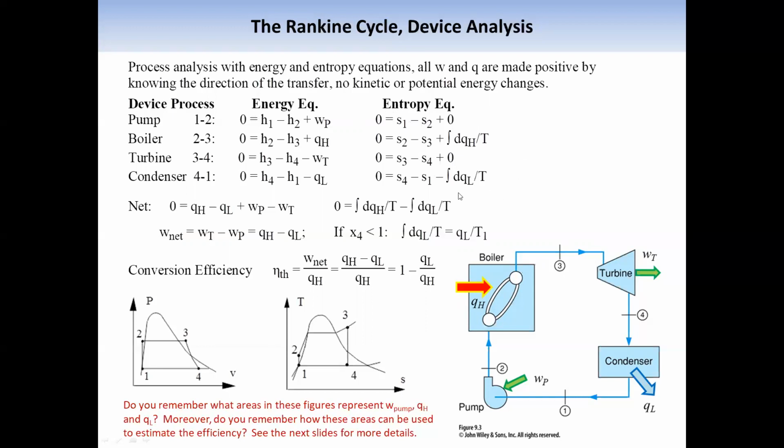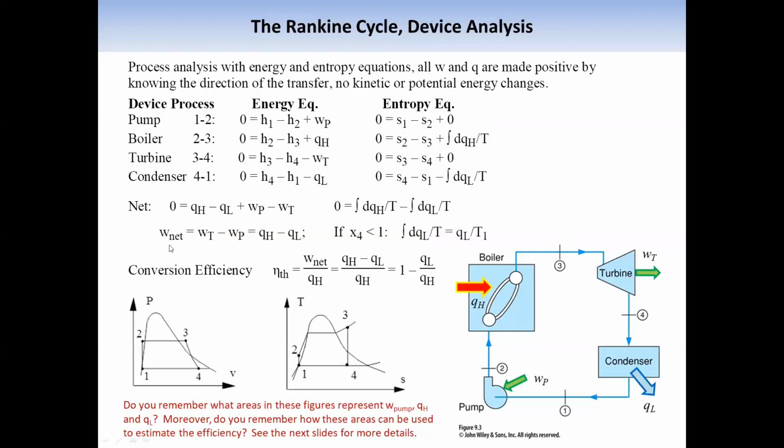And finally, the turbine and the condenser, the two equations are similar to the two entropy equations for the pump and the boiler. Now, if we combine all four equations, it's interesting to know all the entropy terms disappear.